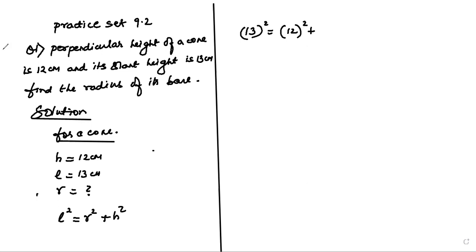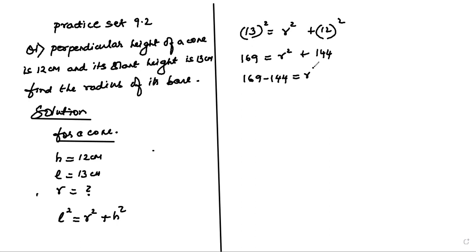Oh, one minute, children. We don't know the radius. We want to find the radius. L square equals R square plus 12 square. Now you know 13 square is 169. R square plus 12 square, which is 144. So 169 minus 144 is equal to R square.